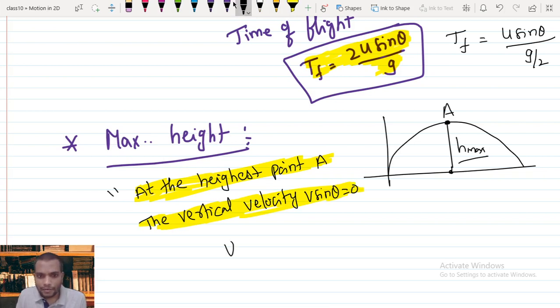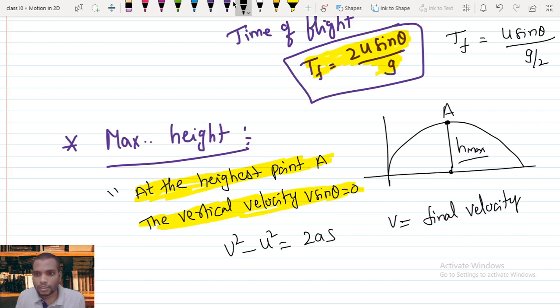If it is like that, we can use the third equation of motion, v square minus u square equals 2as. Here v is the final velocity at the highest point A, which is 0 vertically, and u is the initial vertical velocity, u sine theta.